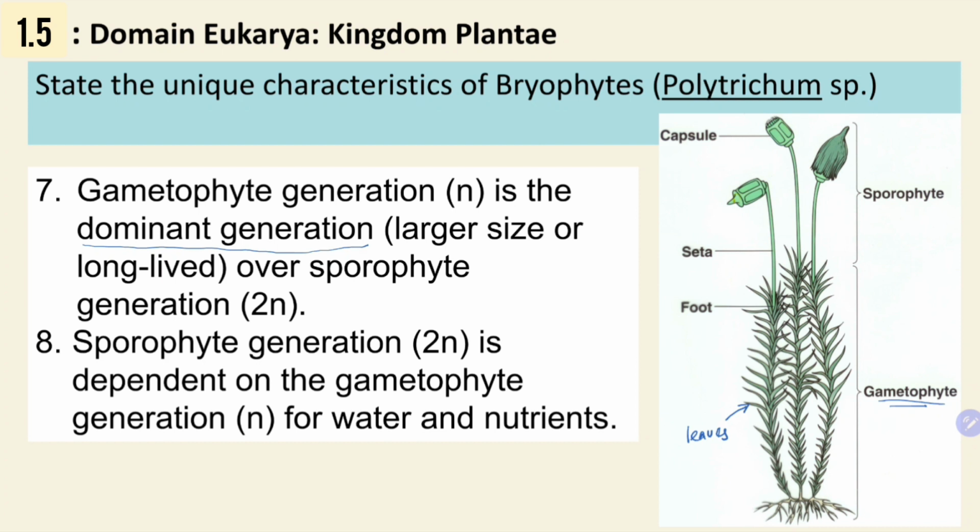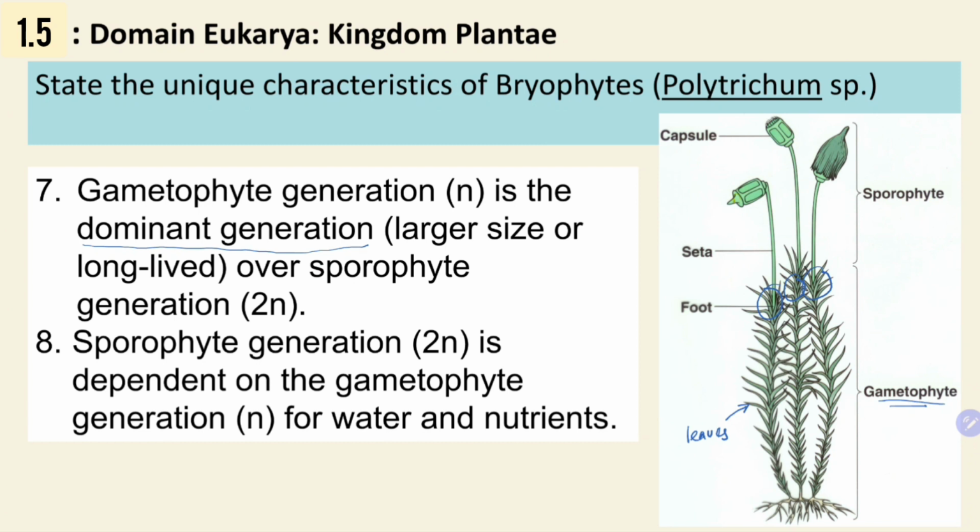The sporophyte generation, dia tak ada dua structure tersebut. That's why kita nampak sporophyte generation akan remain attached dekat dia punya gametophyte. Kenapa dia attach ke gametophyte? Sebab dia akan absorb nutrient dan juga absorb product of photosynthesis daripada dia punya gametophyte generation. So that's why ada point nombor 7 dengan nombor 8 tersebut.